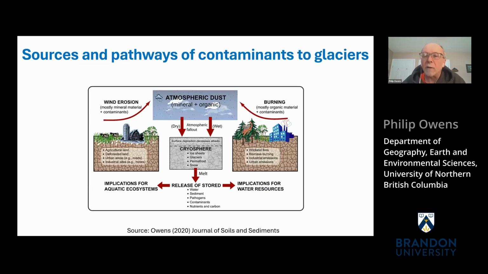And because there's a range of anthropogenic activities associated with things like wind erosion that lifts soil material into the atmosphere, we see burning, we see nuclear accidents, we see other accidents that release things into the atmosphere. We have quite a lot of contaminants in the atmosphere. And if we have precipitation, we have a mechanism to bring that back down to the earth. In the case of the cryosphere, which is the frozen part of the planet, it can have some pretty profound effects.